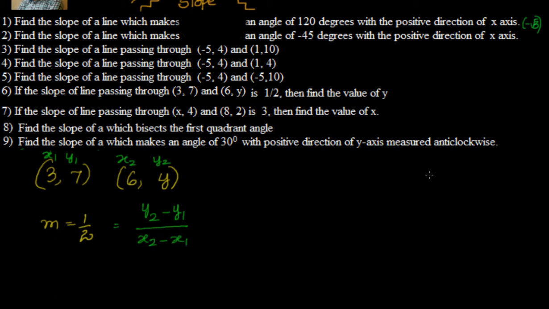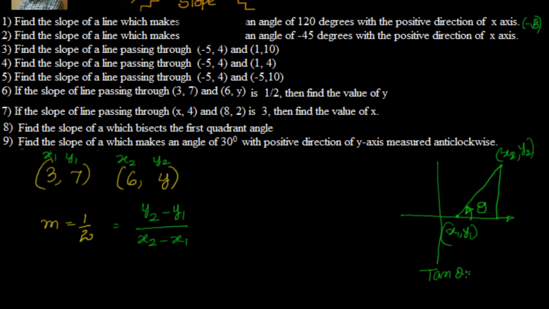So what we are talking about is, if you have a line which is making an angle theta with the positive direction of x-axis in anti-clockwise direction, which is also called inclination theta, and you have 2 points, one is x1 comma y1, another point is x2 comma y2, then tan theta is nothing but the vertical change, that's y2 minus y1 by x2 minus x1.